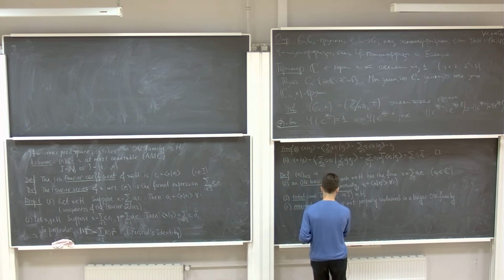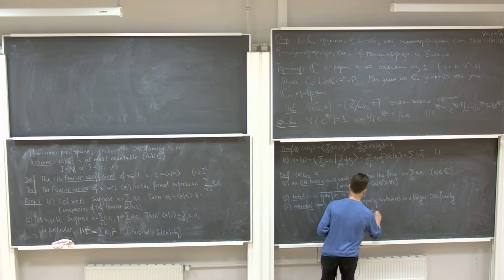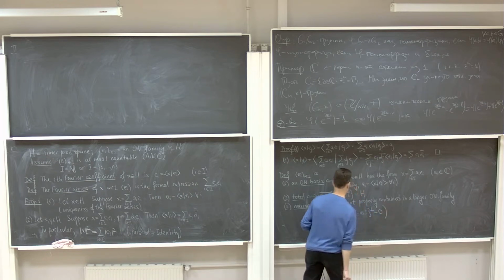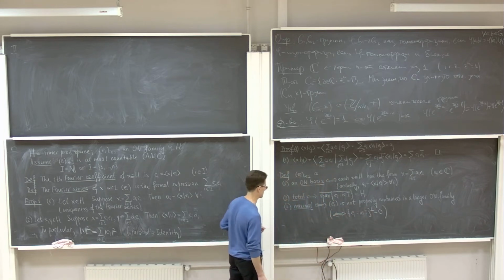By the way, let's observe that briefly this condition can be written in the following form. The orthogonal complement of our set e_i is 0. This is equivalent to the above maximality condition.